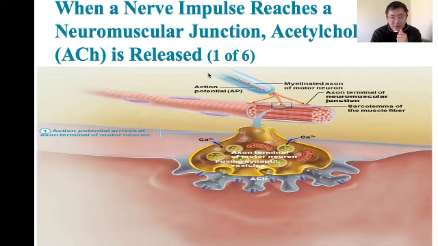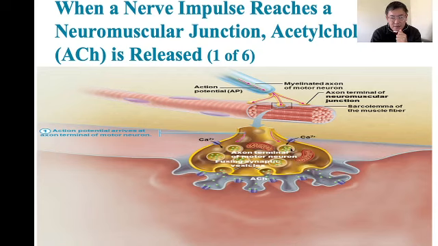When the action potential travels to the axon terminal, it reaches the synaptic bulb. It will stimulate the calcium channels on the synaptic bulb, so the calcium channels open and allow calcium ions to rush into the synaptic bulb. The calcium ions bind to the synaptic vesicles to stimulate them.